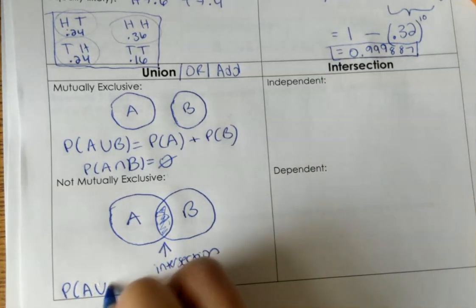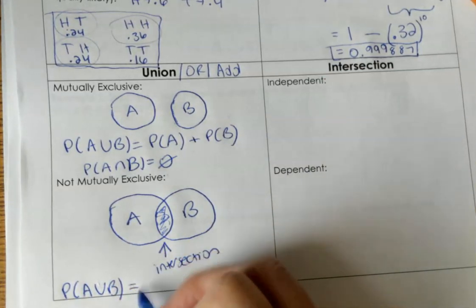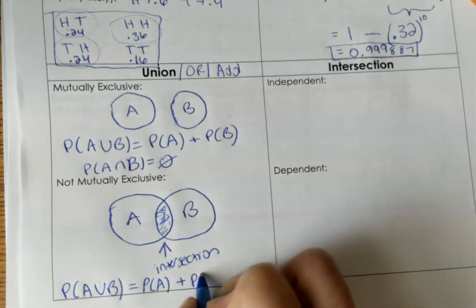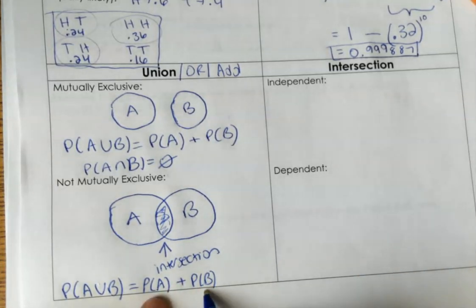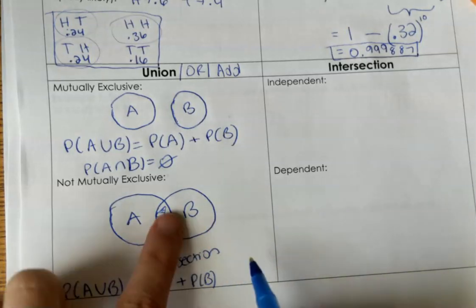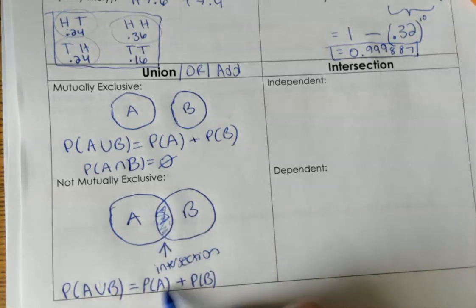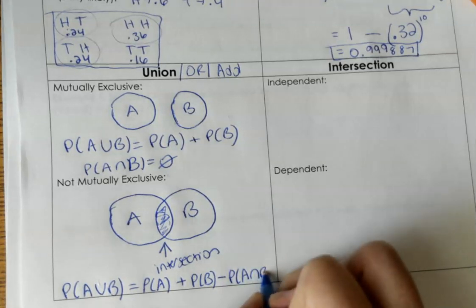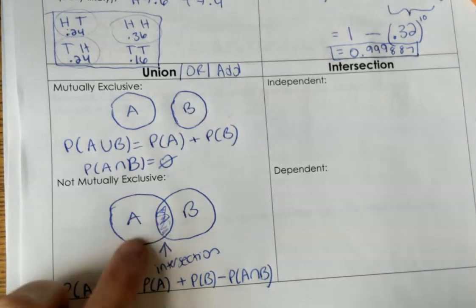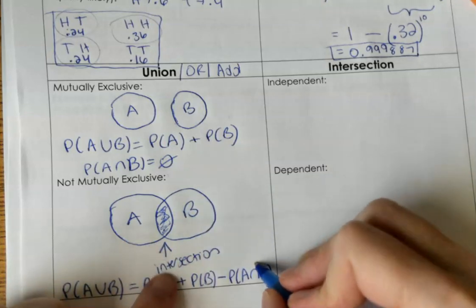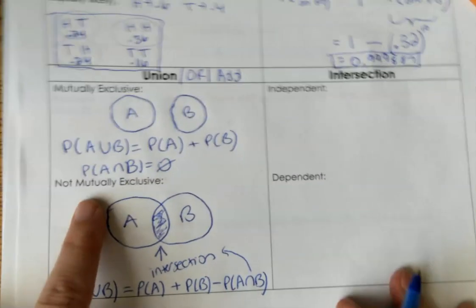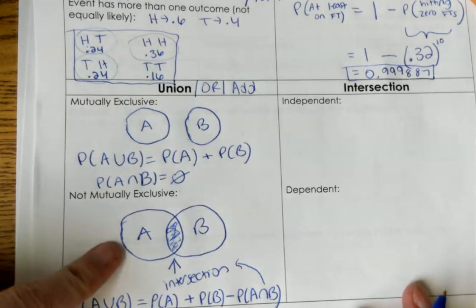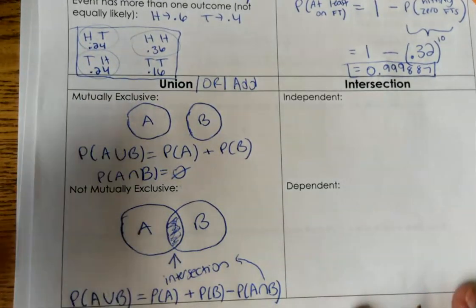So I'm still adding, but now I need to subtract out what I've double counted. And what I've double counted is what's in both groups, which is the intersection. So it's P of A plus P of B minus P of A intersection B. Because that's the intersection right here. So those are our 2 scenarios with unions. They're either mutually exclusive or not mutually exclusive.